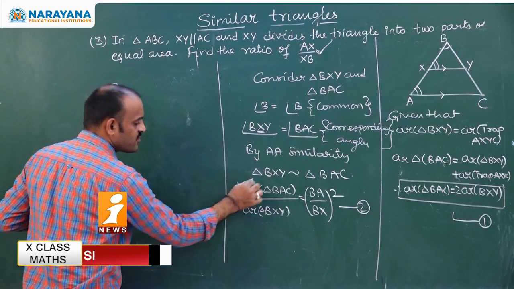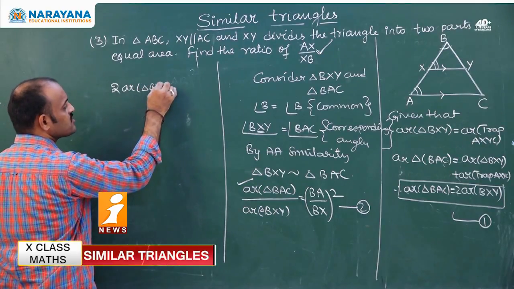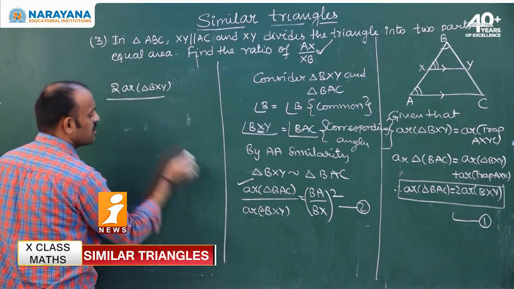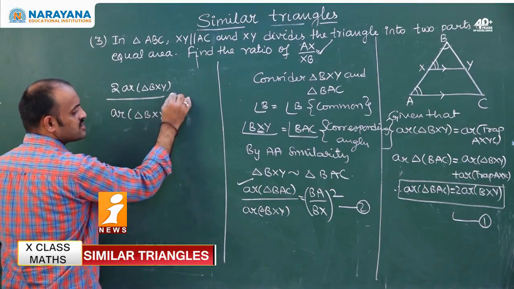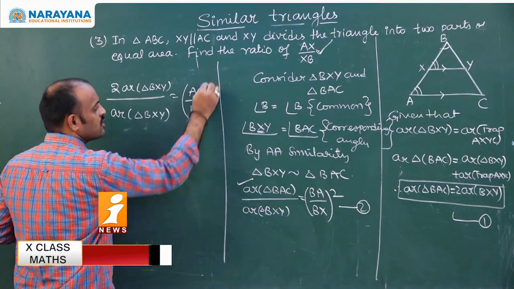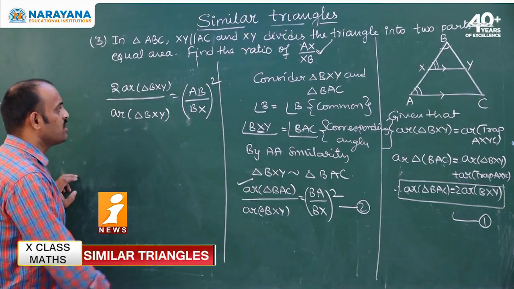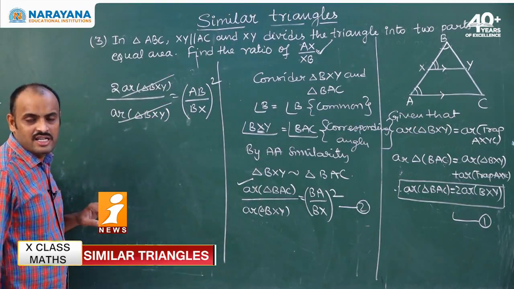So 2 times area of triangle BXY by area of triangle BXY is equal to AB by BX whole square. So area of triangle BXY gets cancelled.